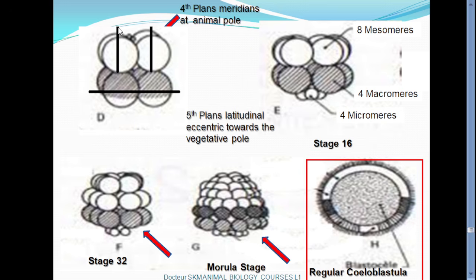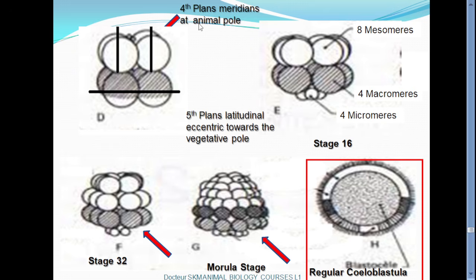I mean, each blastomere will divide in 2, in order to obtain 8 equal blastomeres, and each one is called a mesomere. So we obtain 8 mesomeres. Okay, so that is what happens in the animal pole.